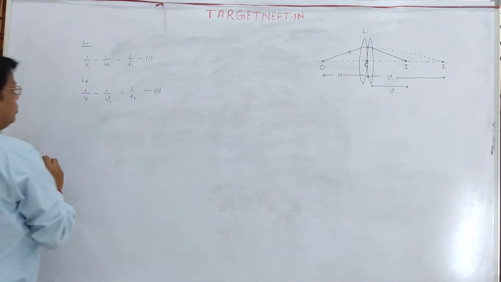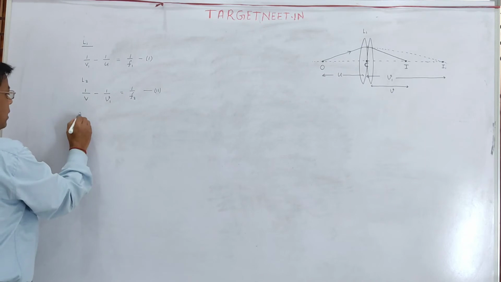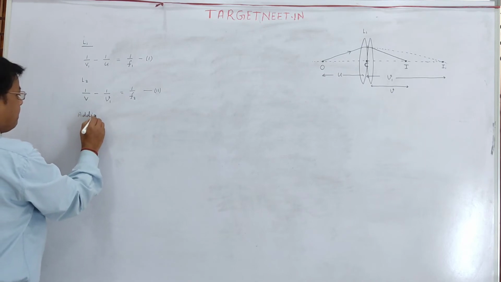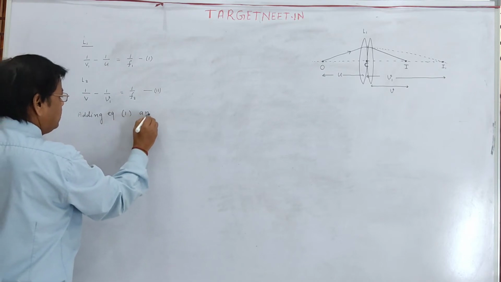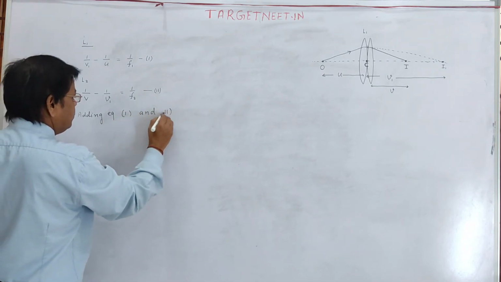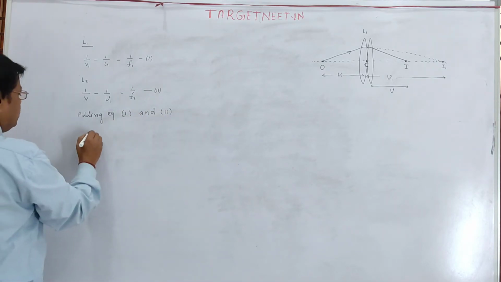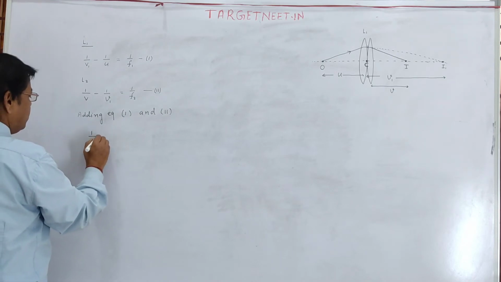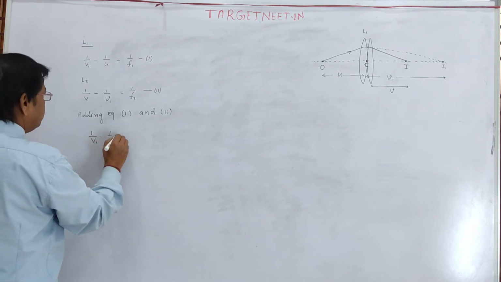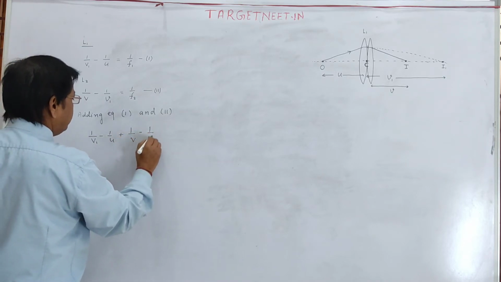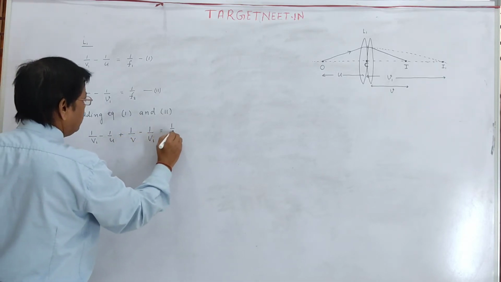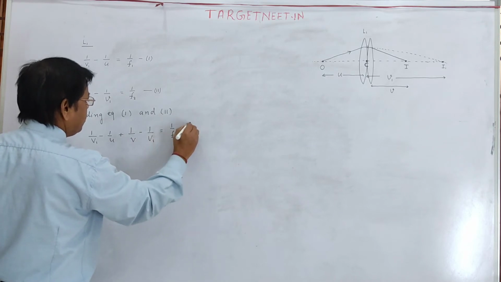Now adding these 2 equations, equation 1 and equation 2. So it is 1 upon V1 minus 1 upon U plus 1 upon V minus 1 upon V1 is equal to 1 upon F1 plus 1 upon F2.